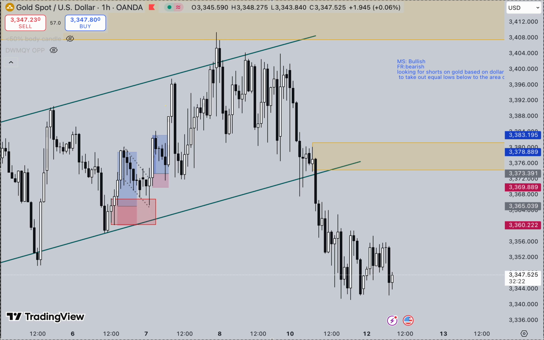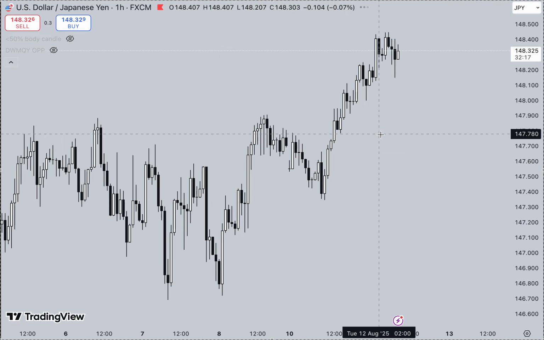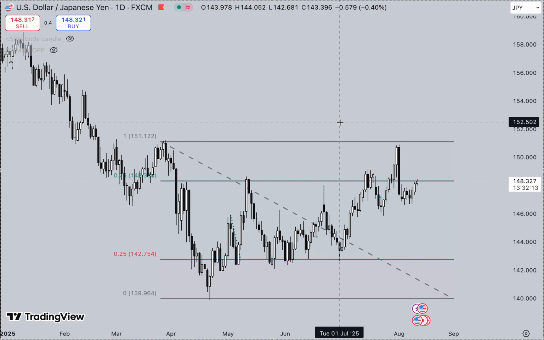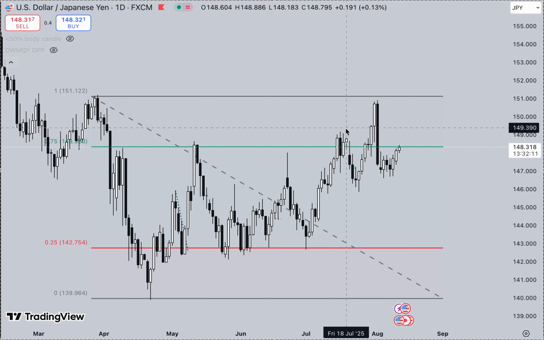Okay. And then for USD JPY, we came above the 0.75, and then we had this strong candle, right? So it was manipulation.